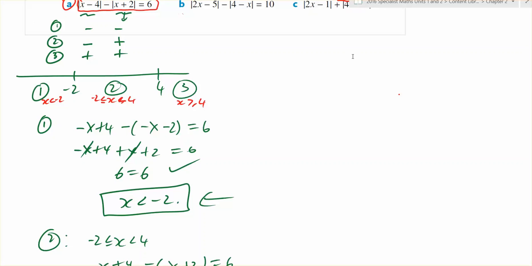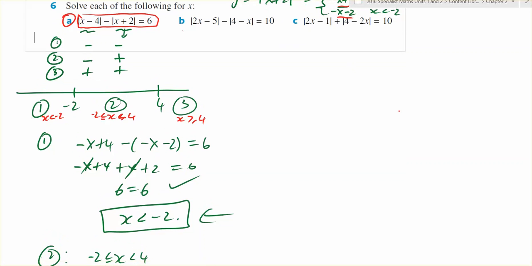So in order to remove the modulus signs, I simply multiply whatever's inside the modulus by negative 1 and remove the modulus sign, and form the equation like that. Solving this equation, we get 6 equals 6, which is correct. So it means solutions occur when x is less than negative 2.